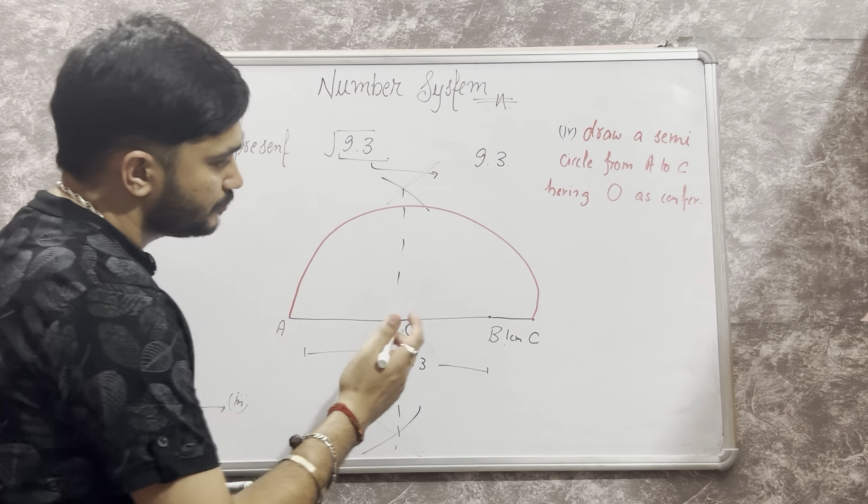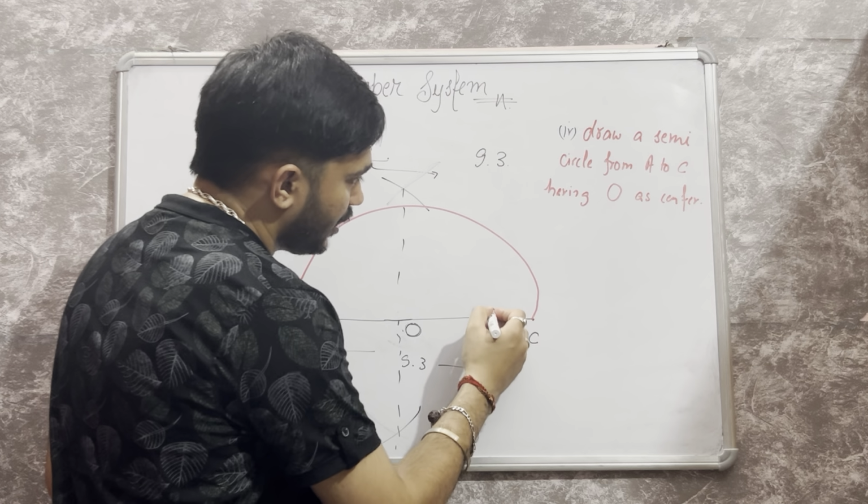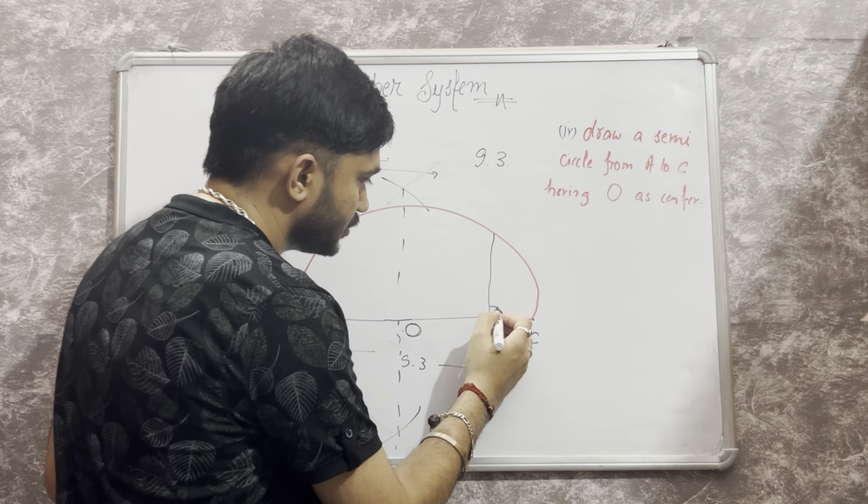Now moving on to the fifth part. What are we going to do? Here look at this B. Take a D and make a 90-degree angle into this.